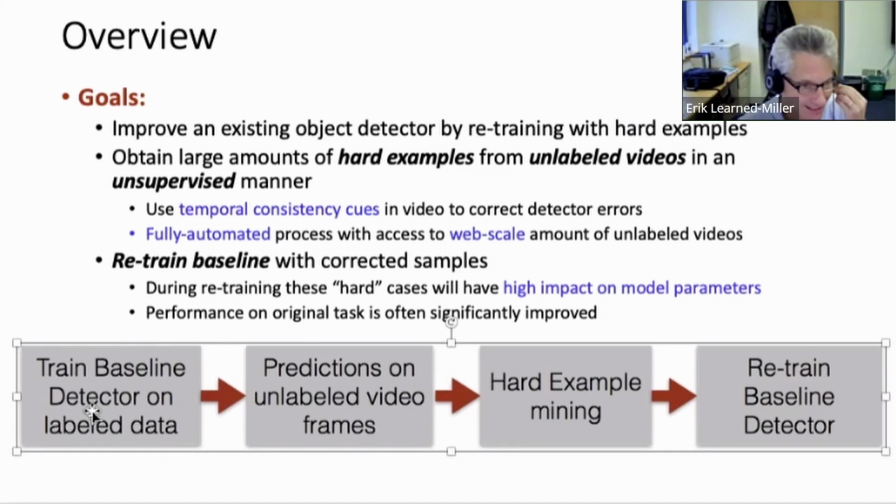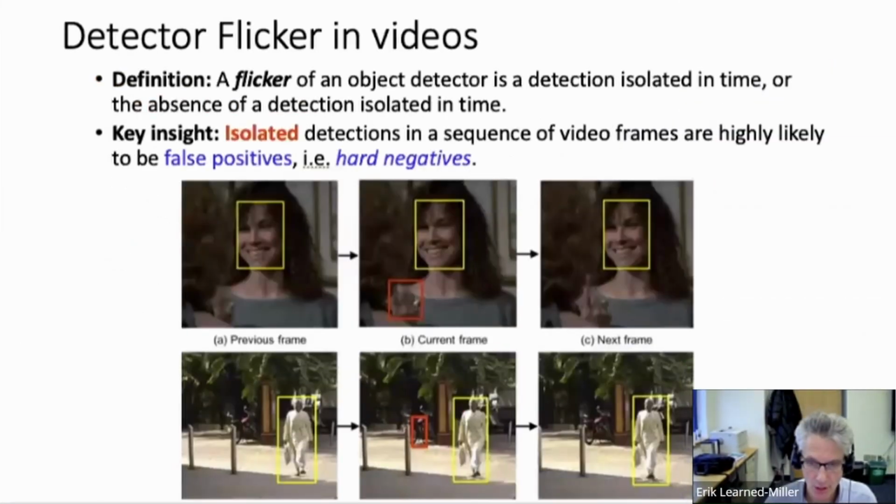And we're going to try to leverage these mistakes in a particular way. We're going to use our baseline detector to make predictions on unlabeled video. Then we're going to do what I call hard example mining, and use those hard examples to retrain the baseline detector and get better performance. So let's go back to this figure I showed you before.